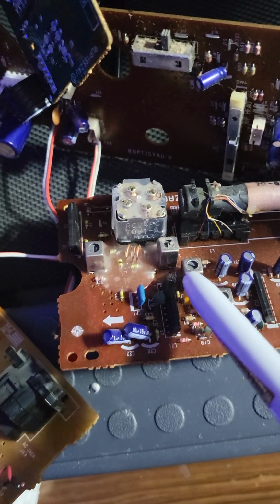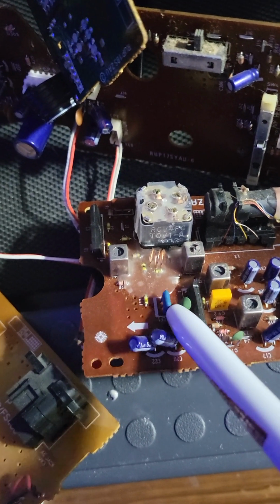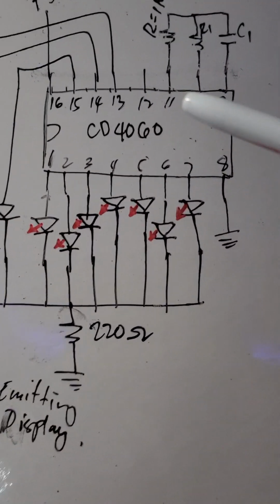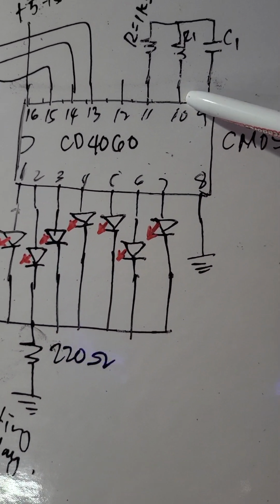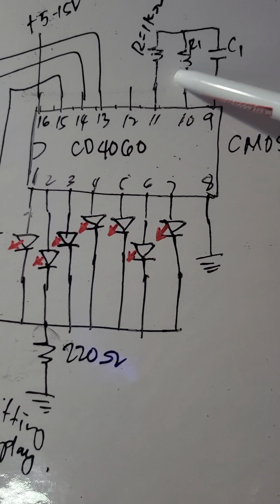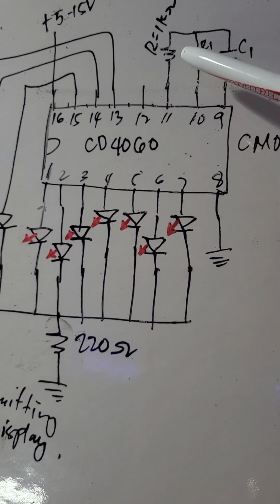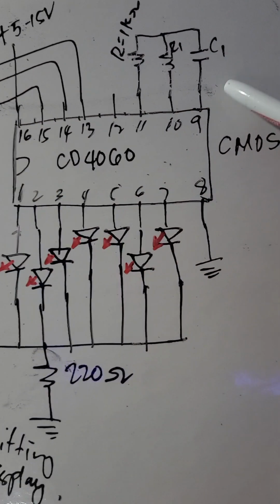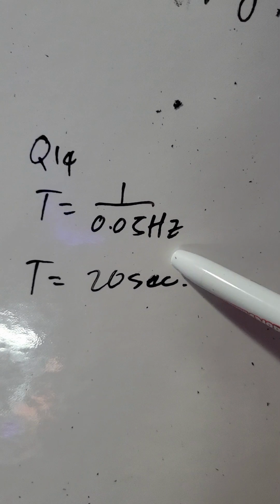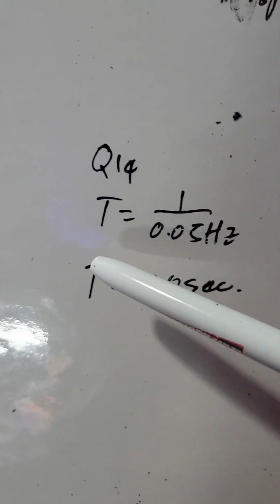This 455 kilohertz oscillator, and this is a 10.7 megahertz oscillator. So if you connect this to these pins, instead of using RC combinations, then for sure you can get the exact frequency. So that's why we cannot get the exact time.